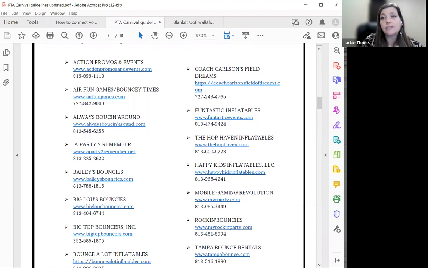And Facilitron has a great calendar too. Once they start entering all of their internal events, it'll be easier for you to see and monitor that as well. I think it's pretty user friendly. The biggest tip I would give is to make sure you have an email for your president and treasurer that is not personal, but specific to the PTA, like XYZ at Gmail, if that's what it needs to be, so that you can just hand off that password.